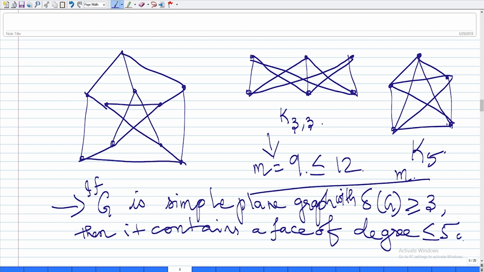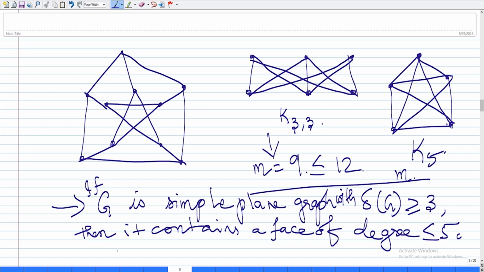Okay. So, this again you can prove using the previous results. Every vertex has minimum degree 3, right. So, use that and in Euler's formula you can conclude that there is at least one face which will have degree at most 5.